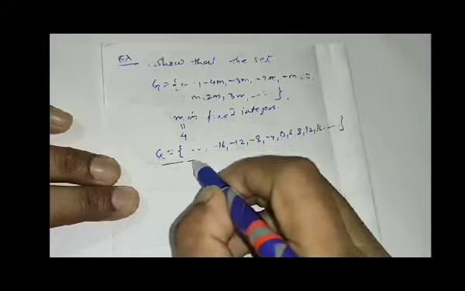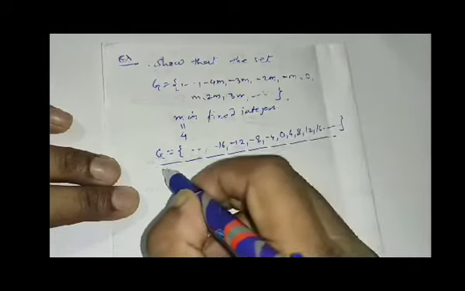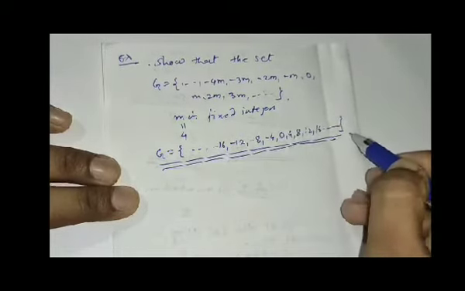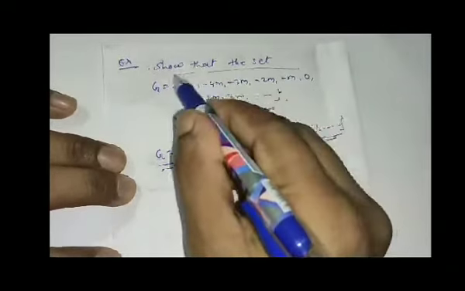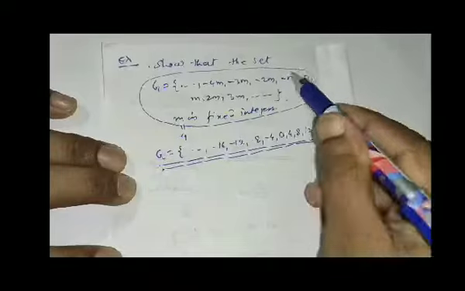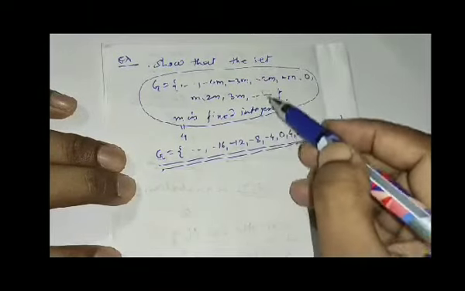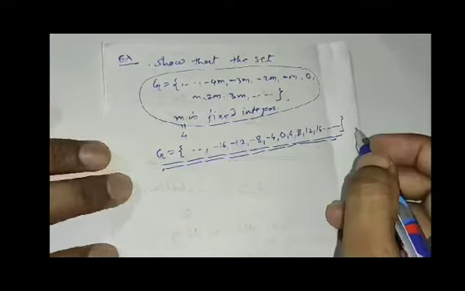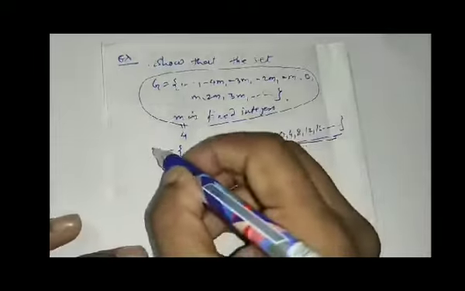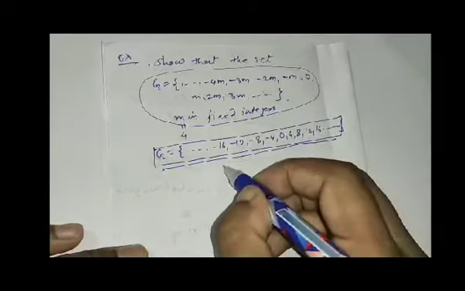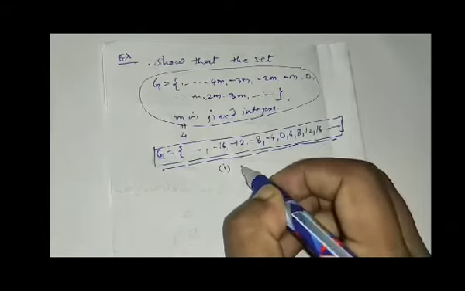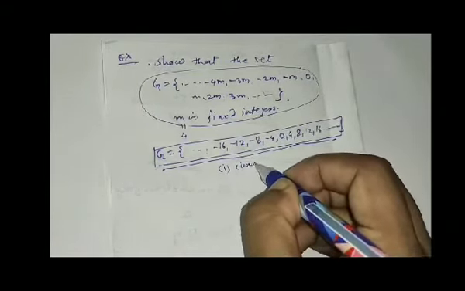So this is a table of a specific number. Here the general format is given, and this is a particular example. If we look at the set G, you can verify that it is closed.